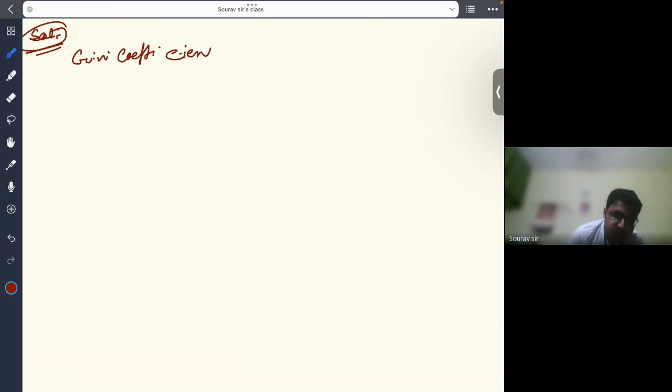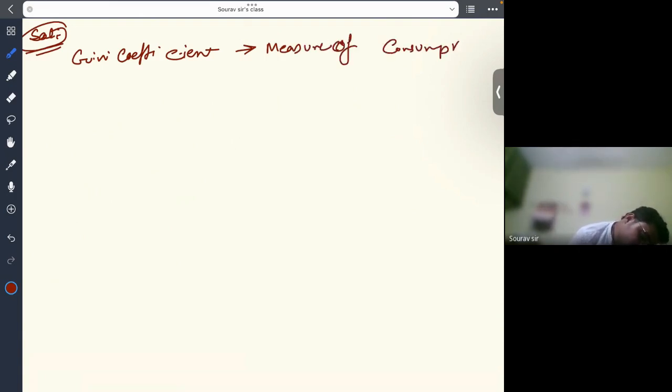One commonly used measure of consumption inequality is the Gini coefficient. The Gini coefficient is the measure of consumption inequality.